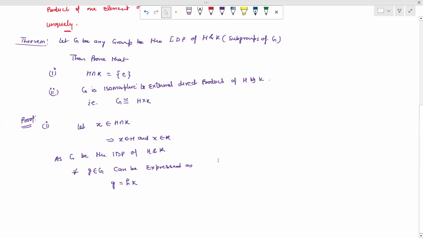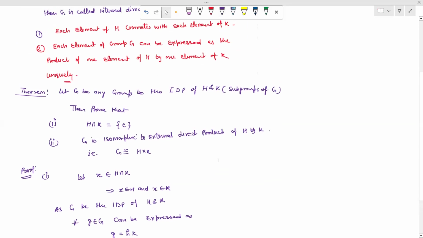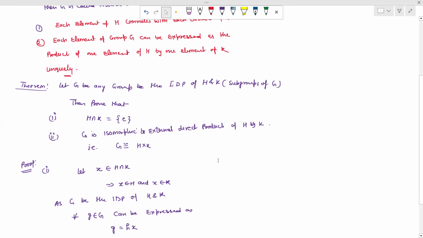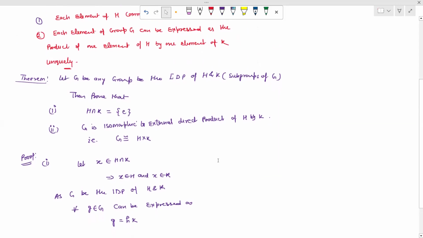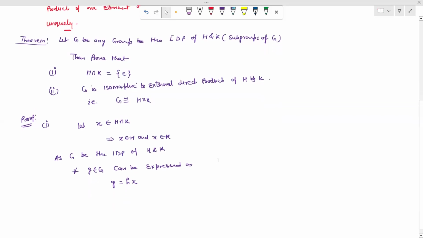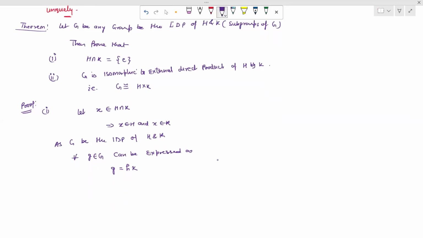We have the first property: each element of H commutes with each element of K. Second property: each element of G can be expressed as the product of one element of H by one element of K. So we take h belongs to H and k belongs to K, and the representation is unique.